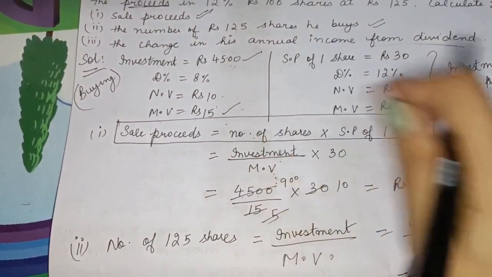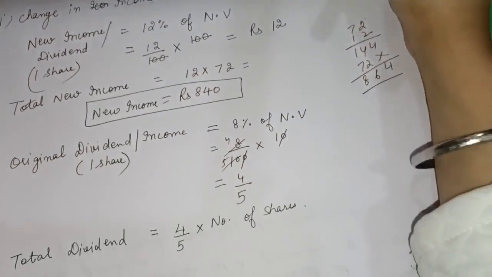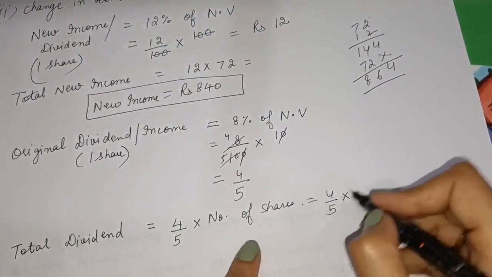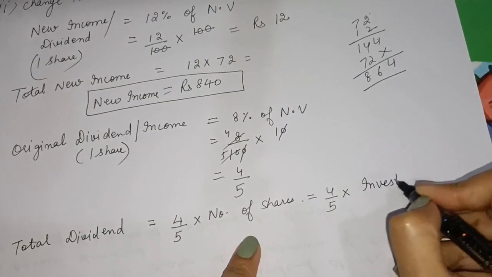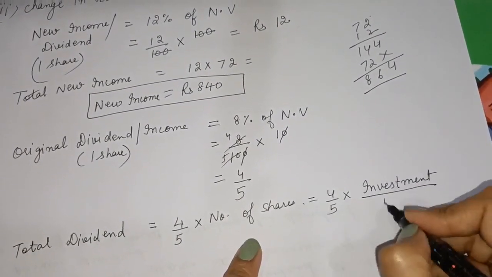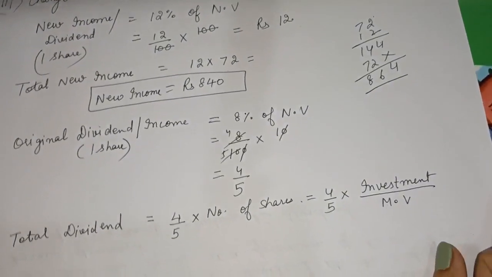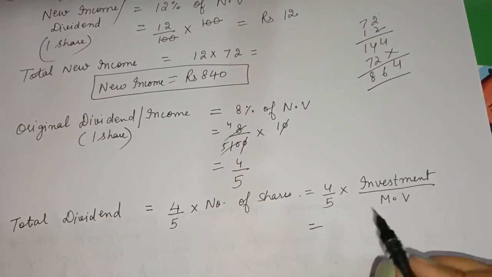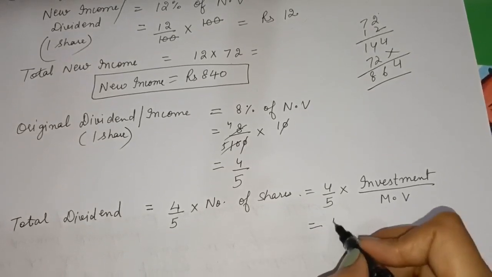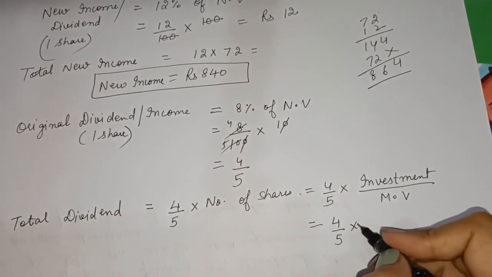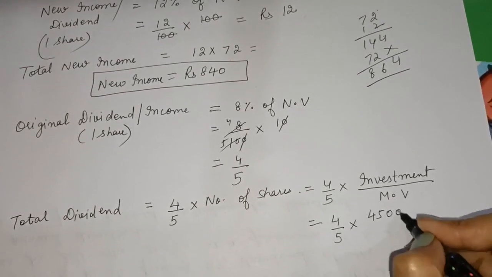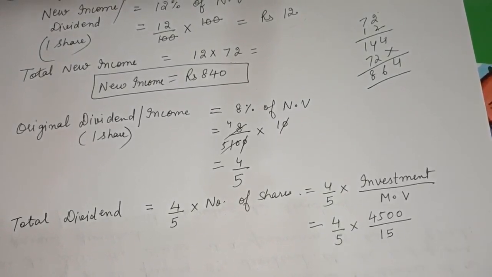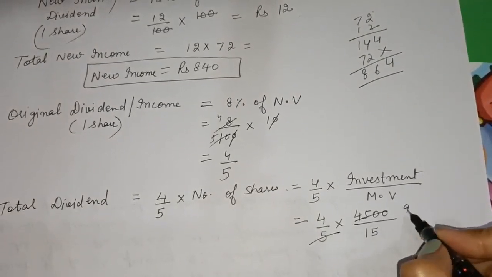So in place of number of shares, we will write this formula: number of shares is equal to investment by MV. You always have to make the relations and utilize whatever is given. So 4 by 5, investment in the first case was 4,500 and market value is 15. So 5 into 900.